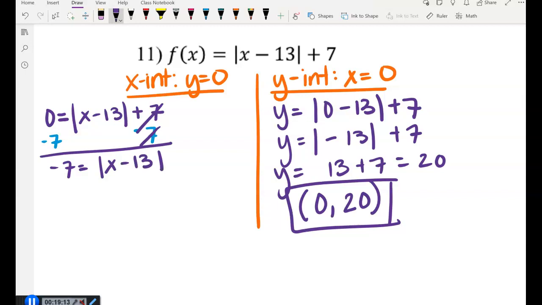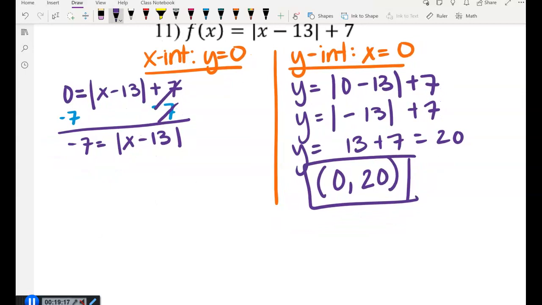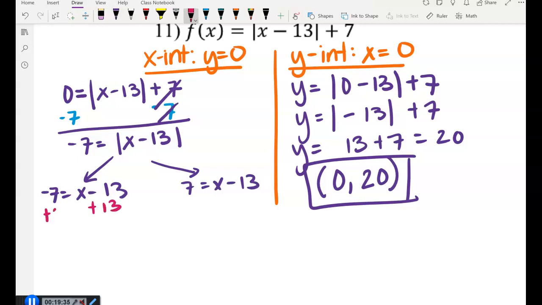How do we solve for an absolute value? Nola, where do we go next? You guys agree? All right, let's solve for it normally. We are now going to add 13 to both sides.